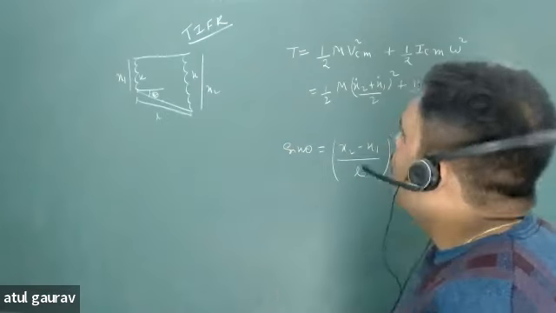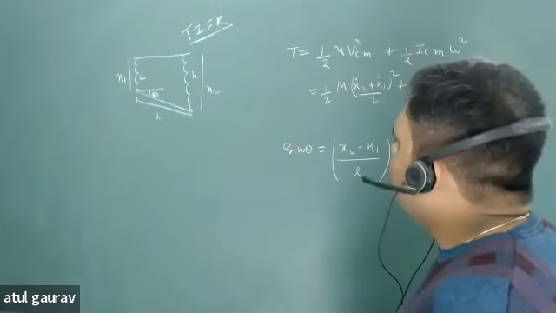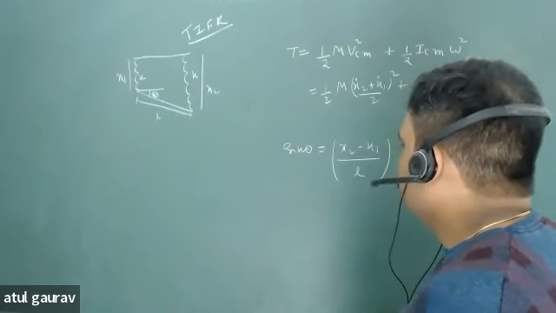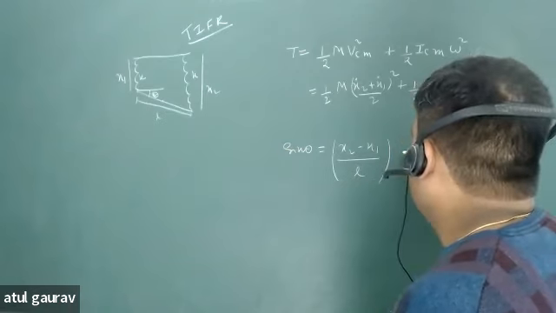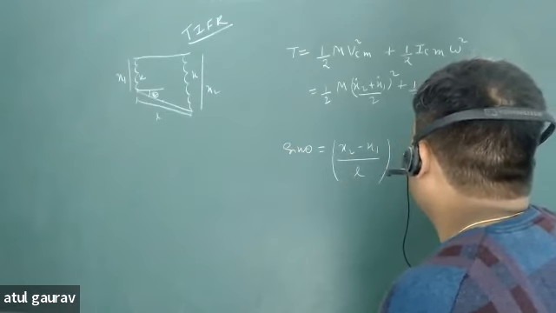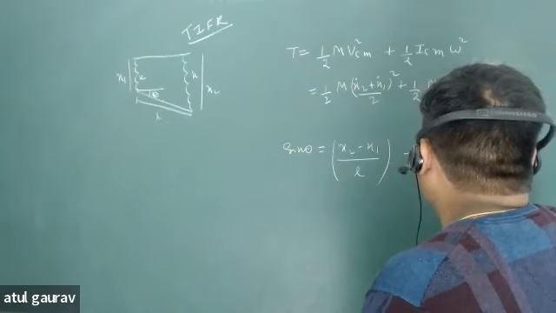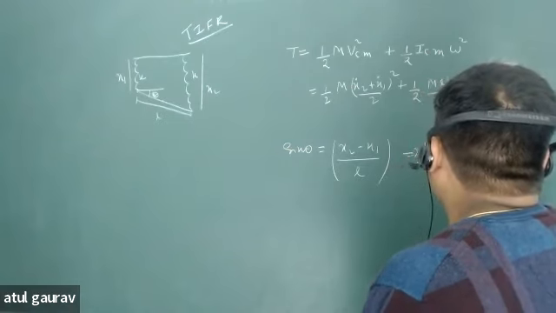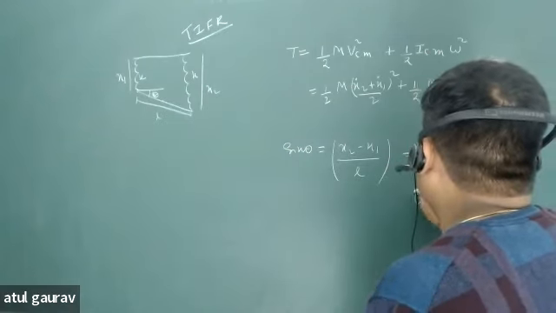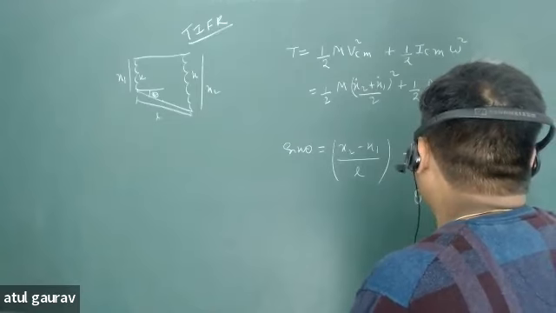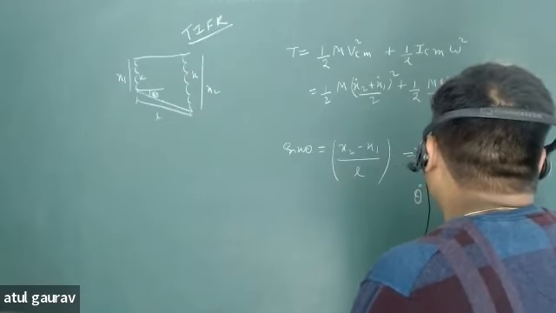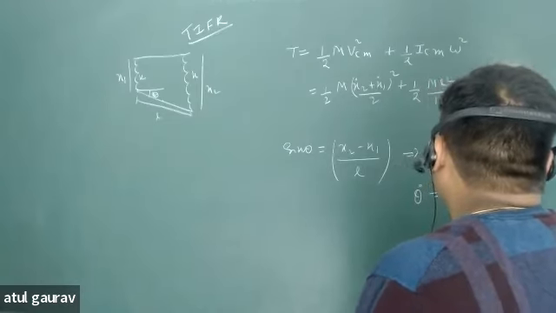And for the small angle, I can write sin theta is equal to theta. For a small angle, I can write theta is equal to (x2 minus x1) by L. And what will be theta dot? Theta dot, you can write (x2 dot minus x1 dot) by L.